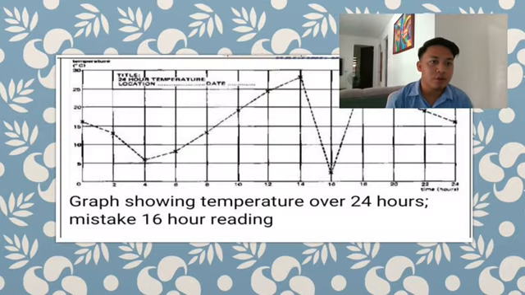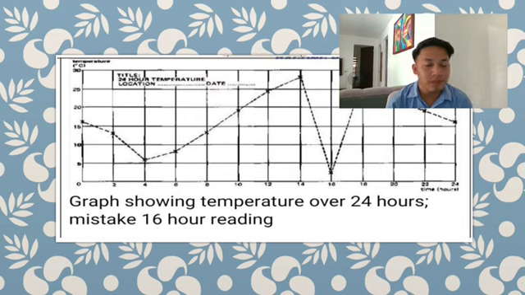At this stage, if you look carefully at the graph, you will note that there is a very abrupt change in its shape around the 16th hour. The outside temperature seems to have fallen from 28 degrees Celsius to 2 degrees Celsius in 2 hours' time. That does not make sense.